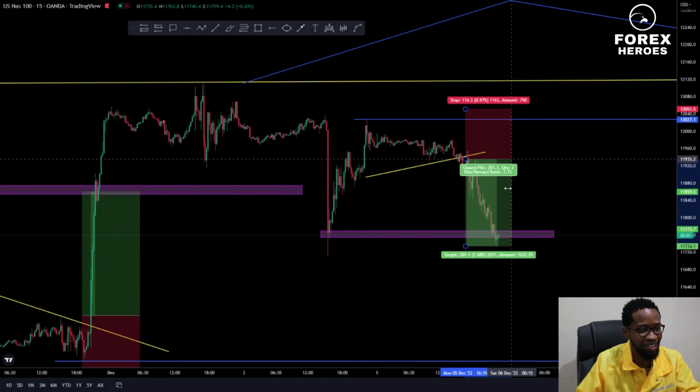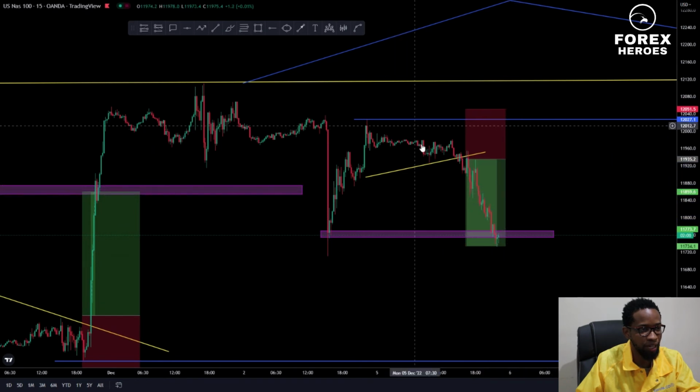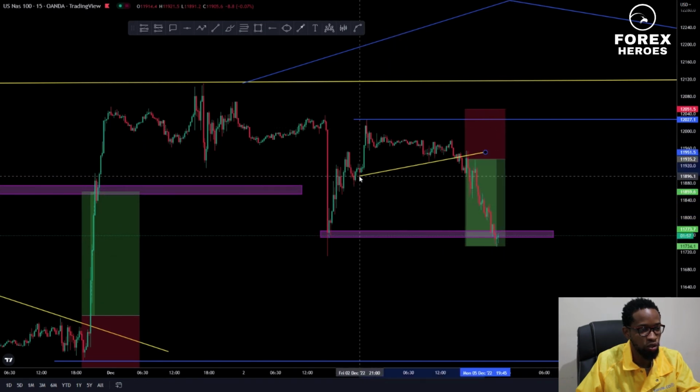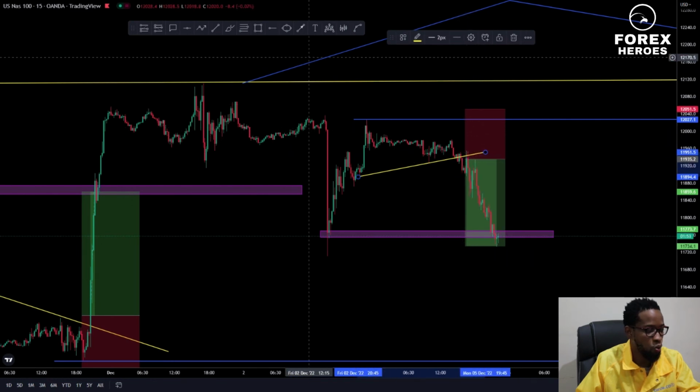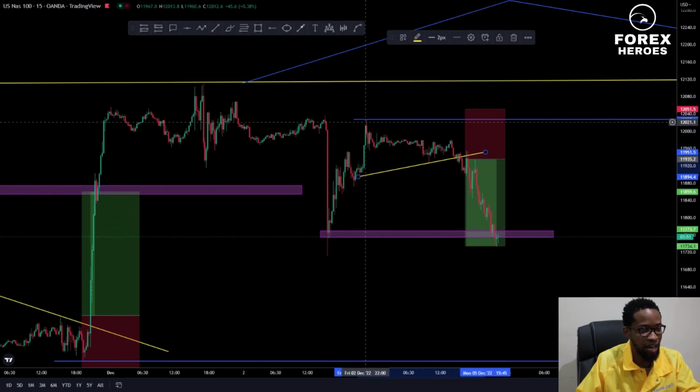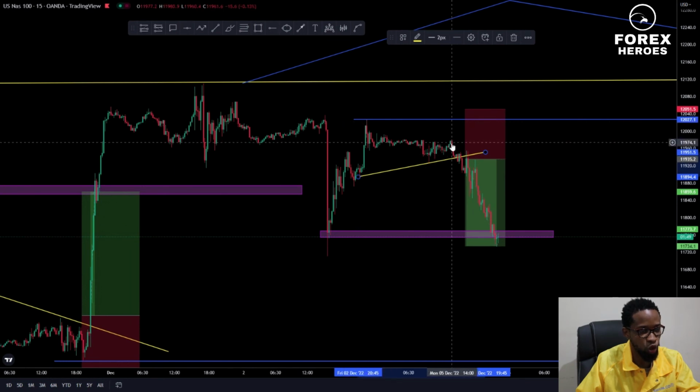So you rather put it there. Don't be greedy, learn to take what the market gives you. So with this one, you would have put it here, and then you stop loss here. Why above this high? Because this one was lower.